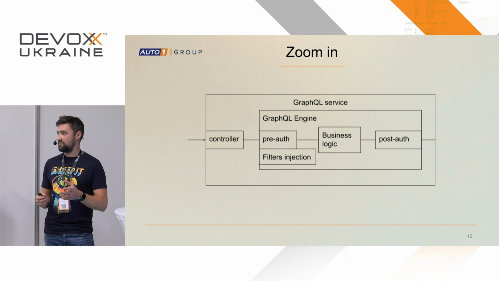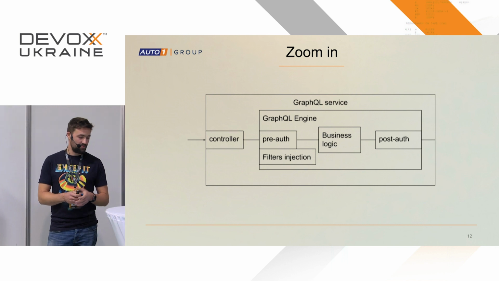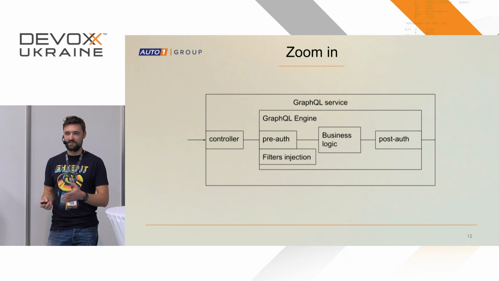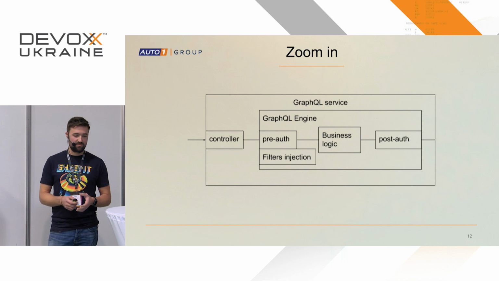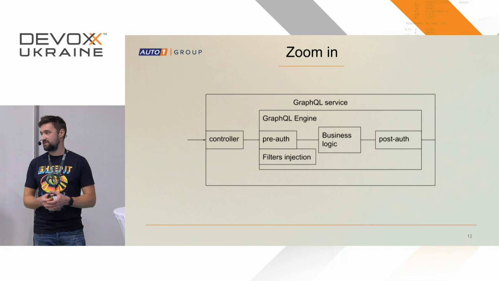One is the pre-authorization block, and the other one is post-authorization. What do we use them for? Pre-authorization is needed because we don't want to send a request like update or create to the underlying microservices if the user doesn't have permission, as we already discussed. And it can also check some simple queries, checking if the user has permission to execute them.